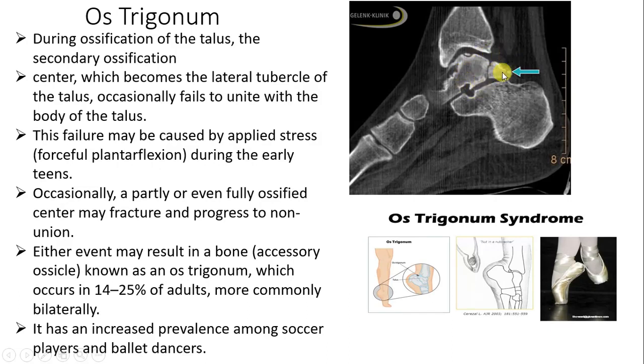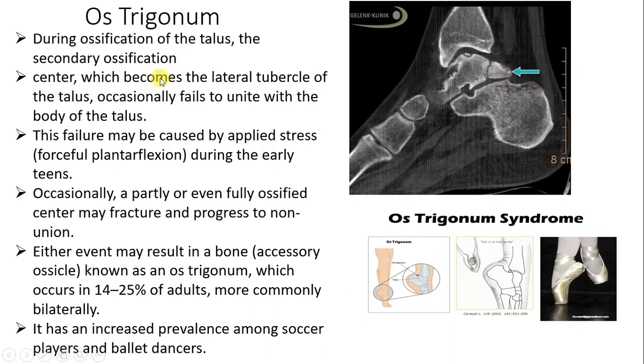It is said that because of multiple centers of ossification, a secondary center of ossification is here, and it fails to fuse with the main bone and develops into a separate bone. This separate part of the bone is named os trigonum.